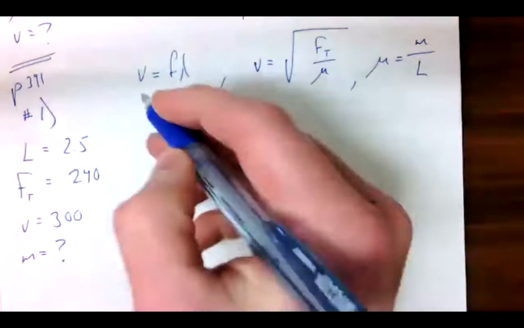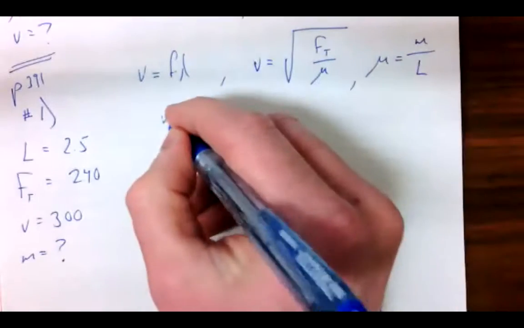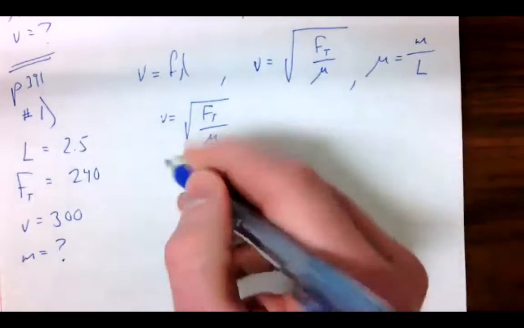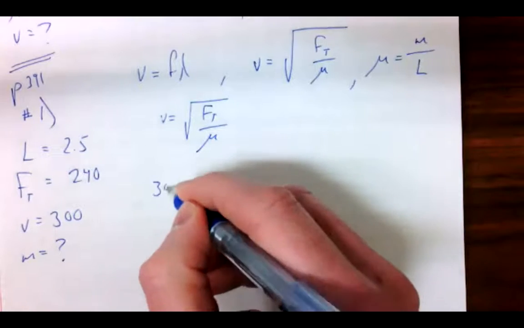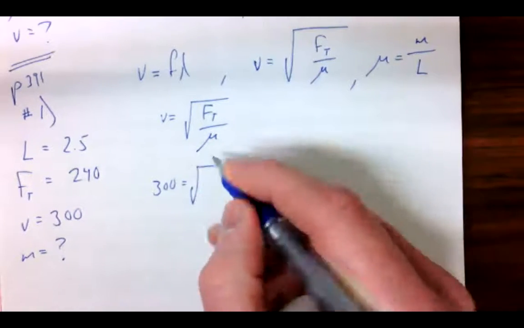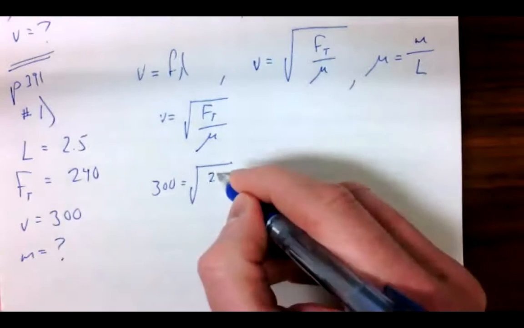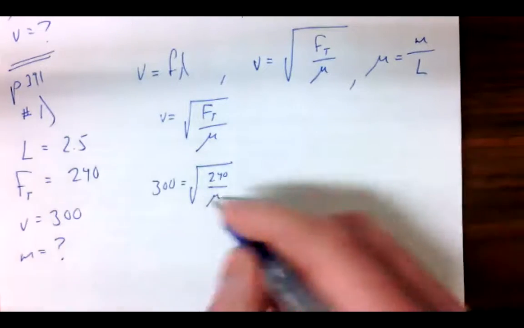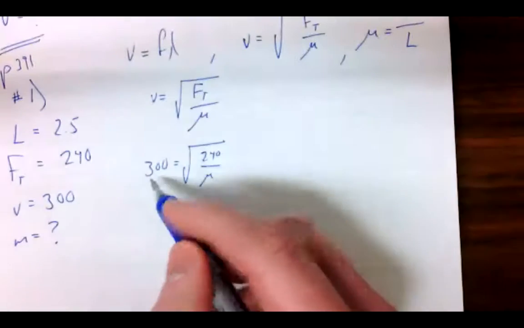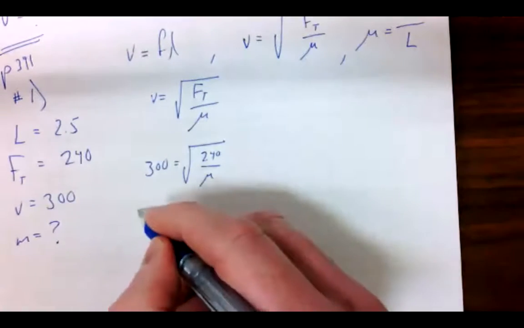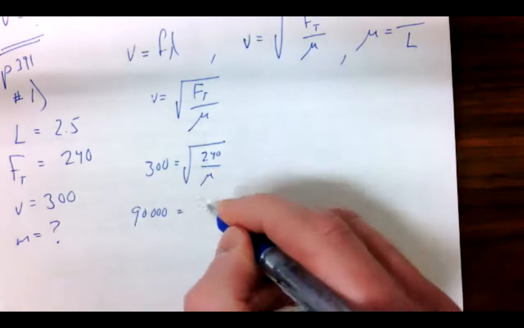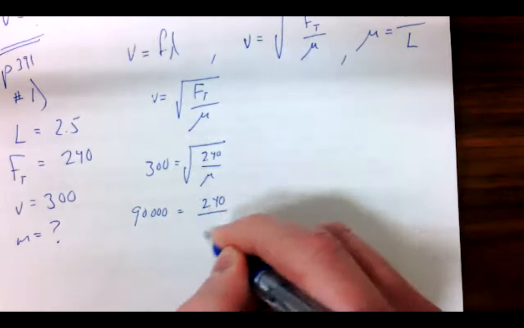Cool, cool, cool. So using this one first, V equals the root of F_T over mu. Speed is 300. Tension force 240 over, oh yeah, we don't have it, mu. So we're going to square both sides. I don't need the calculator for that. 300 squared would be 90,000, 9 and 4 zeros. And then the root sign just drops, 240 over mu.